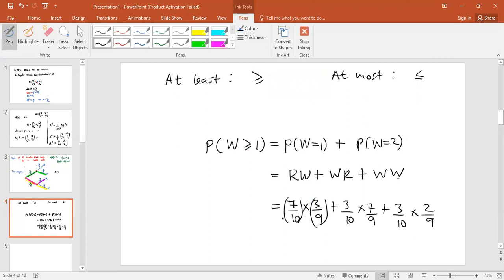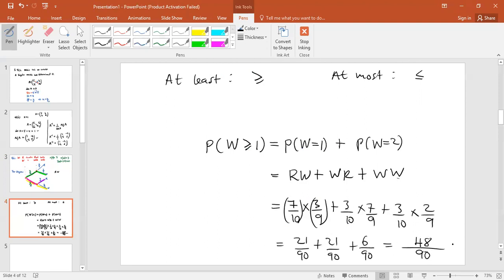Then we can have 7 times 3, that's 21/90, plus this times that, another 21/90, plus 3 times 2, that should be 6/90. And since the denominator is the same, we just add the numerators. The denominator is 90. So 21 plus 21 gives us 42. 42 plus 6 gives us 48.